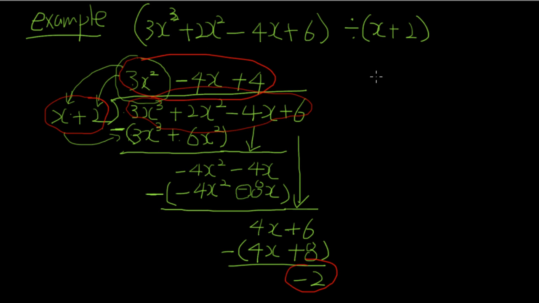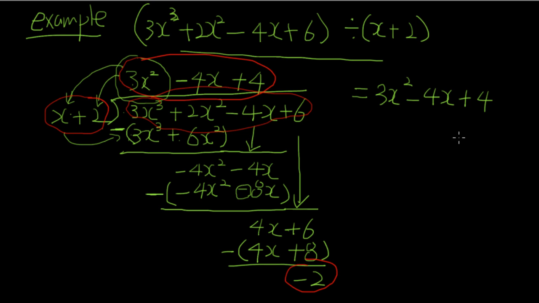So let's put this into a proper answer form. So the answer of this would be the quotient part, which is 3x squared minus 4x plus 4. But this negative 2 is yet to be divided by this.